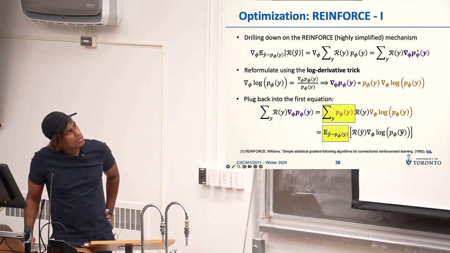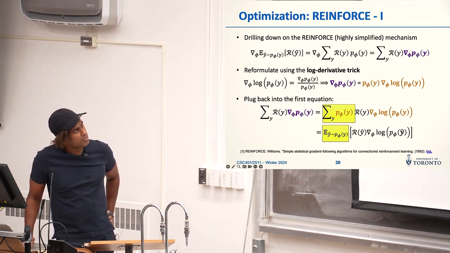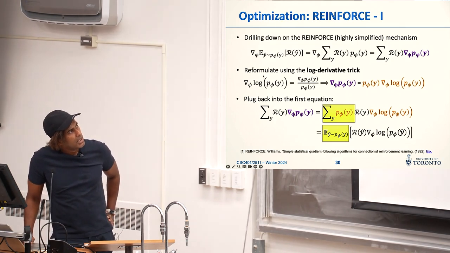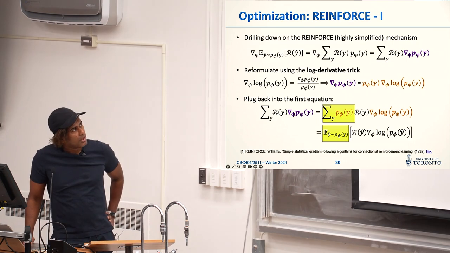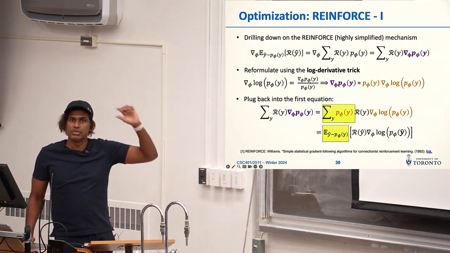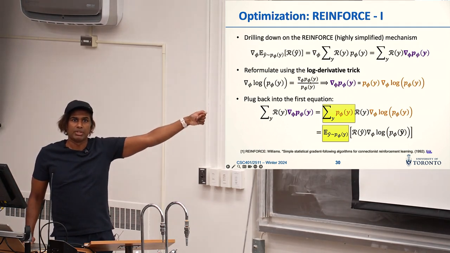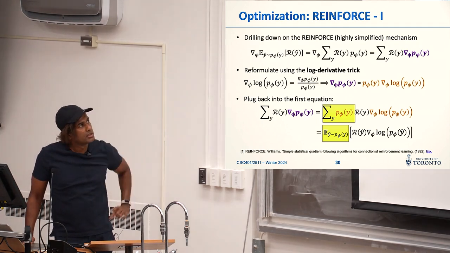And then we can reformulate this using what we call the log derivative trick, which you may already know. The idea is that if you take the log of something, the derivative of log of p(y) is 1 over the probability distribution p(y) times the derivative of p(y), okay? Everyone clear on this? It's just applying the chain rule to the derivative of log x, okay?